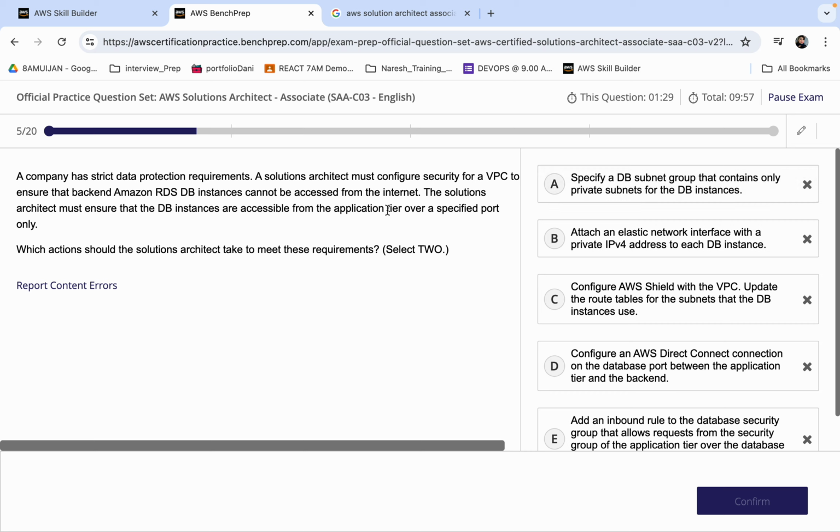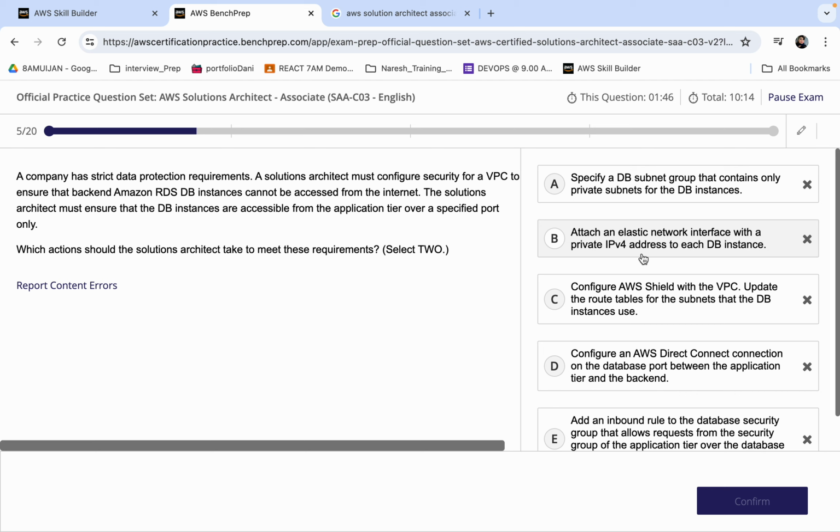But this is the application tier, and of the tiers, two are public facing and one is private facing. So one subnet we can go for as the private subnet.